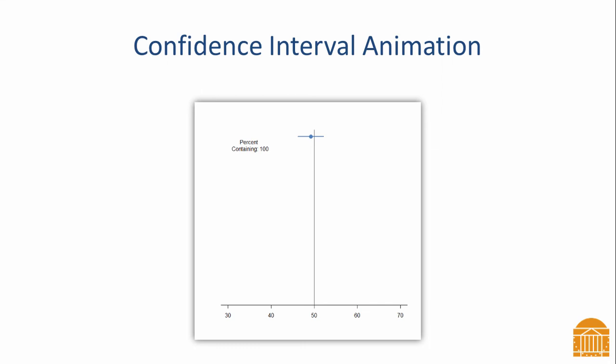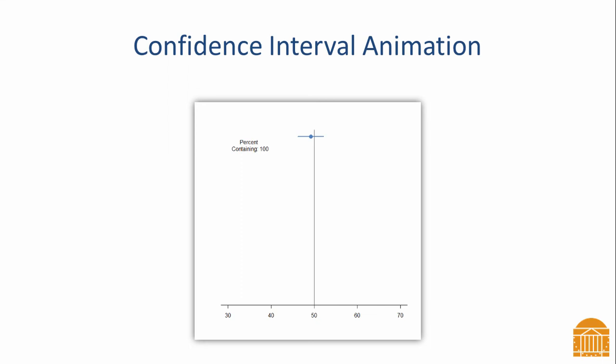In this animation, the dot shows the point estimate and the horizontal line shows the confidence interval. If the interval is blue, it contains the population parameter for a mean of 50. If the interval is red, it does not contain the population parameter.